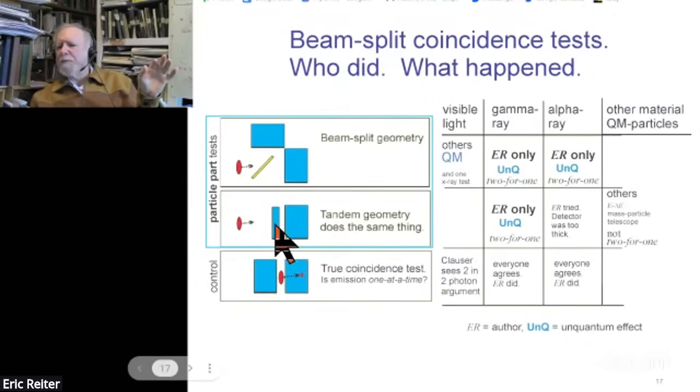This is the true coincidence test to tell if you have one at a time or two, and I'll go into that more later. Everyone agrees on the true coincidence test. But I'm the only one to perform the beam split experiment with gamma rays or alpha rays.